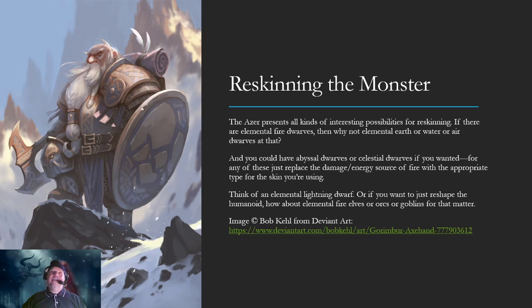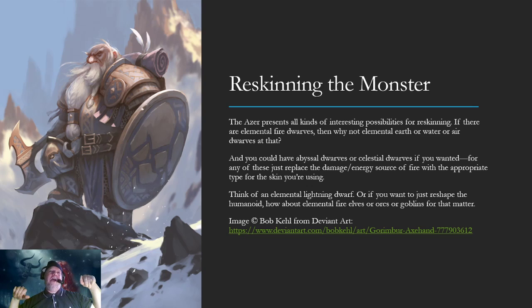There's lore about something in D&D called astral diamonds. Well, I wonder who mines astral diamonds. Maybe it's astral dwarves. So you might be able to take this stat block, and what you would do with all these things is simply take that energy source, the fire, and swap it out for something else.